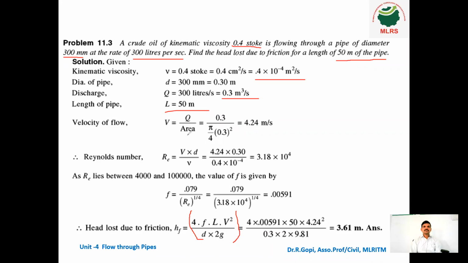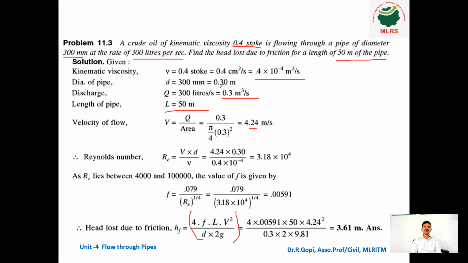So Q is 0.3 divided by pi by 4 into 0.3 square, which is equal to 4.24 meter per second. The Reynolds number Re is equal to V into D divided by nu. V is the velocity, 4.24 meter per second.